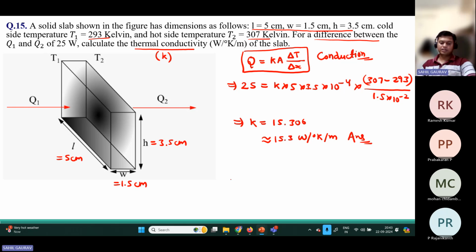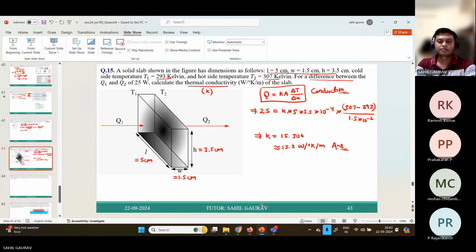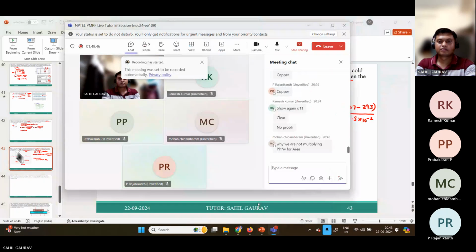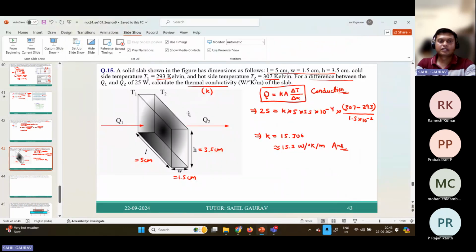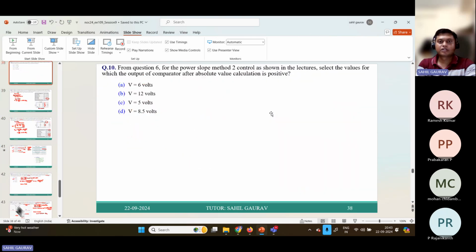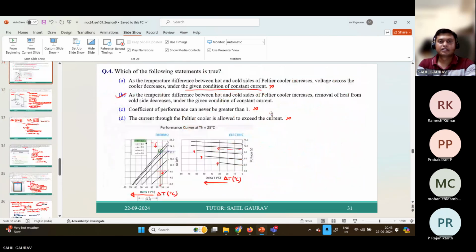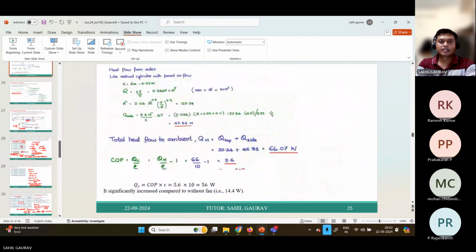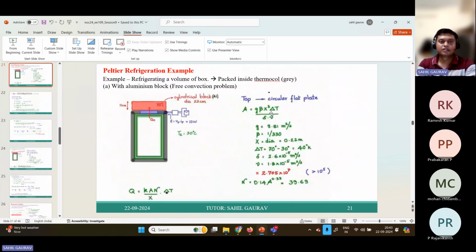So the answer is 15.3 watt per degree Kelvin per meter. Because if you see the expression for heat transfer through conduction, like I am showing you.